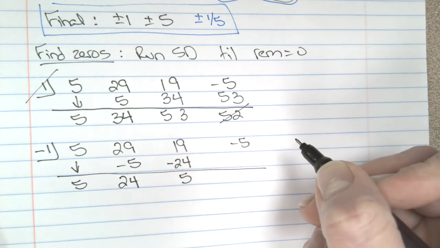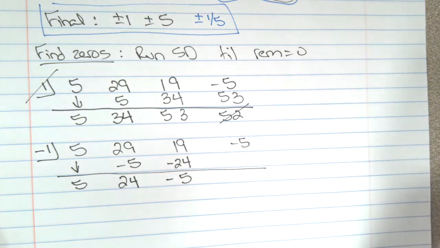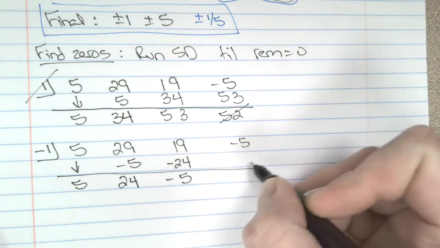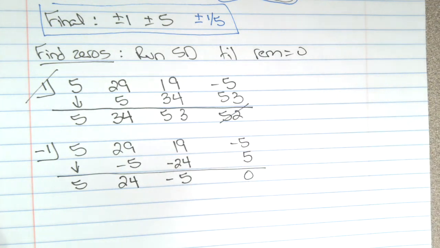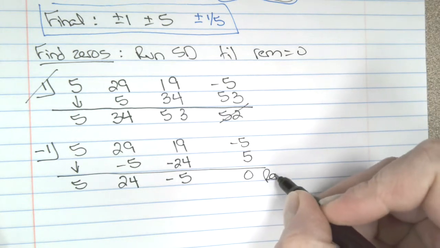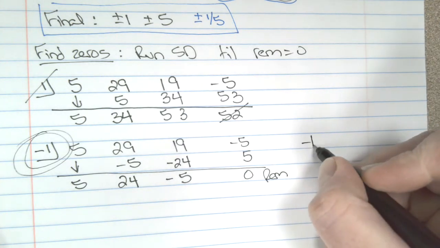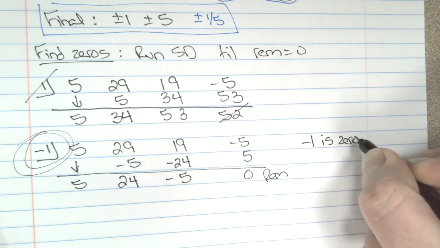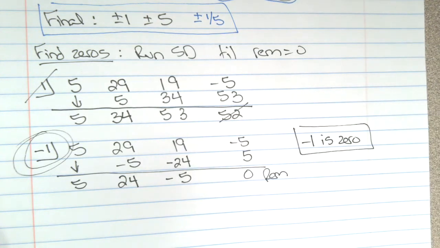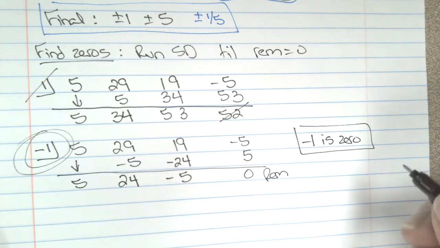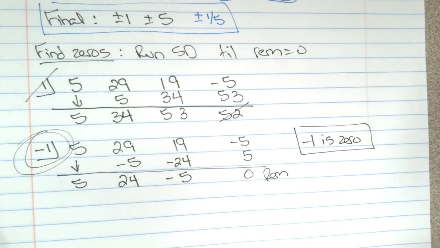Add. That's negative 5. There we go. And multiply. Negative times negative is positive. Okay, good. So my remainder is 0. That means negative 1 is one of my zeros. So now once I have that, now I need to factor to find the rest of them.